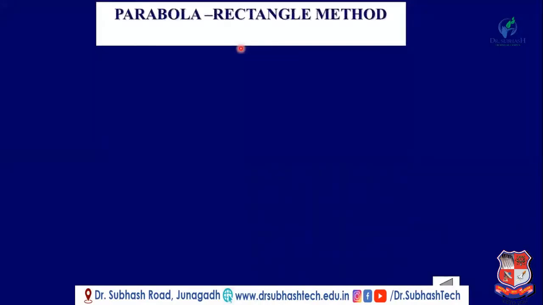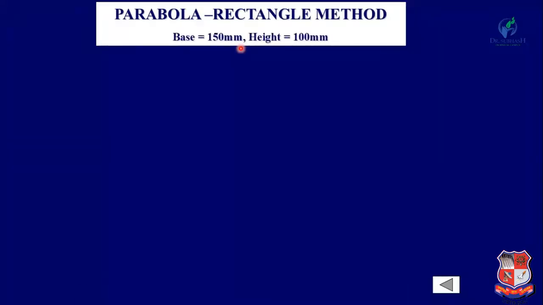So the first method is the parabola rectangle method. Here the given base of the parabola is equal to 150 mm and the height is equal to 100 mm. Now let us see how to draw the parabola using the rectangle method. First of all, as per the given data, draw a line AB which is equal to 150 mm, the base of this parabola.